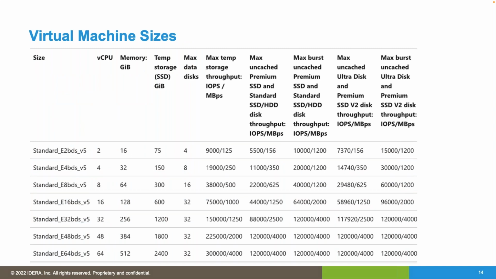You can see that these sizes there on the left are the standard E2 BDS V5s. These are relatively new to Azure. What you can notice out of this category is that they have a pretty good high ratio from vCore to memory. For example, if we look at that bottom one, that 64 core machine has 0.5 terabyte of memory on it.